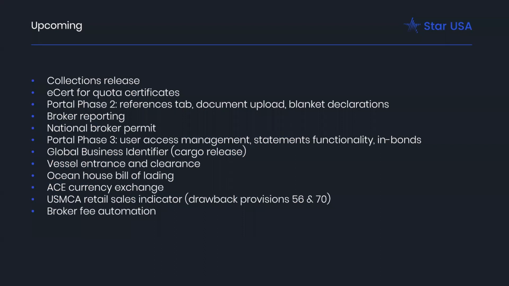Functionalities that are being worked on this year and in the future are collections release, e-certifications for quota. The second phase of the portal will enhance the references tab, so linking to things like other PGA documents, etc. Document uploads and blanket declarations.